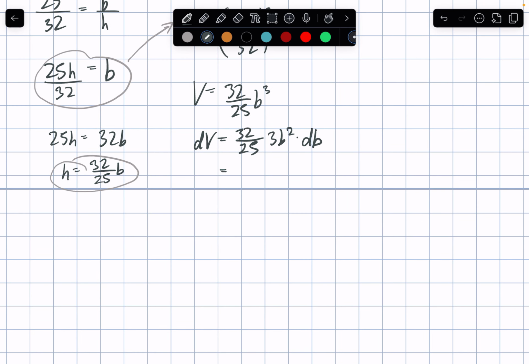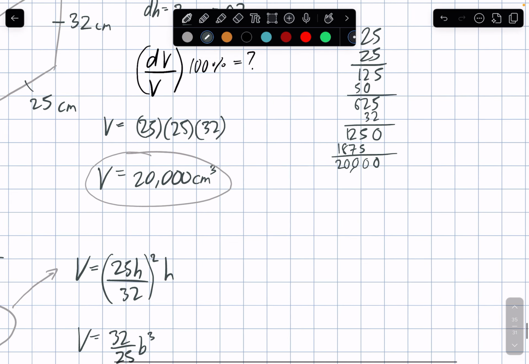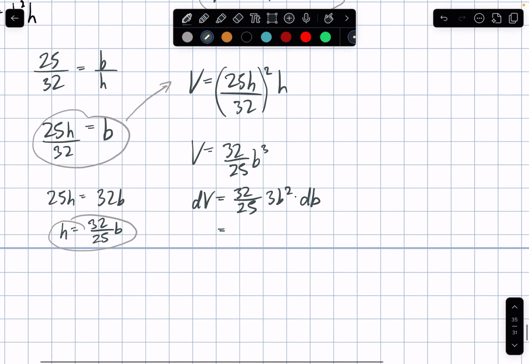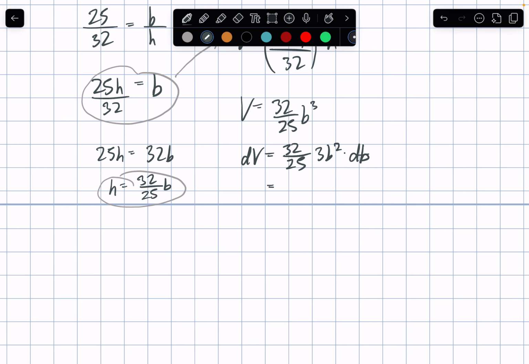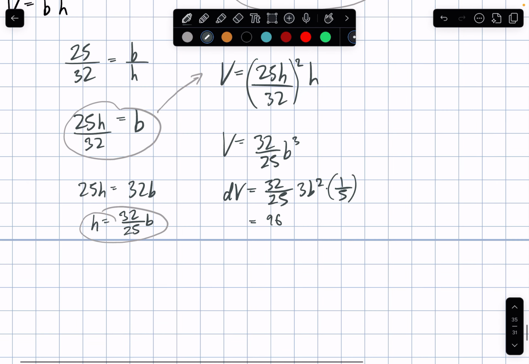So if we substitute, what is our dB from earlier? 0.2 cm. Let's just say 1 over 5. And when we simplify, 96. What is our base? 25, right?